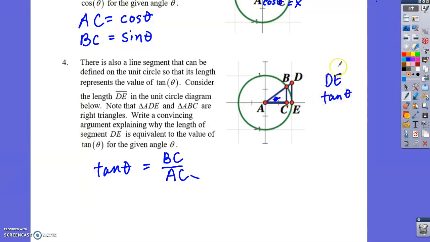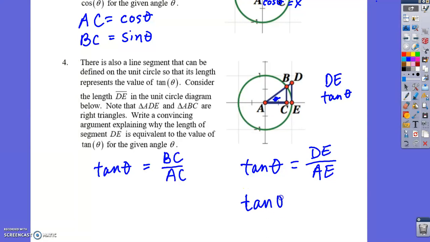That's our goal. And so what we're looking at here is a pretty straightforward statement. Tangent of theta is opposite over adjacent. So using the other triangle, with the same angle theta, it's DE over AE, and AE is the radius of the circle, or 1.